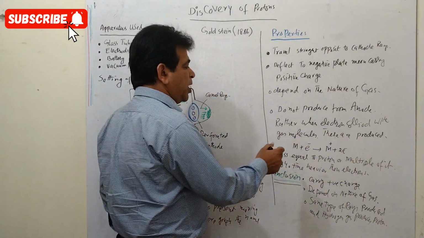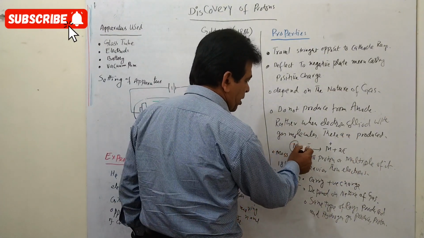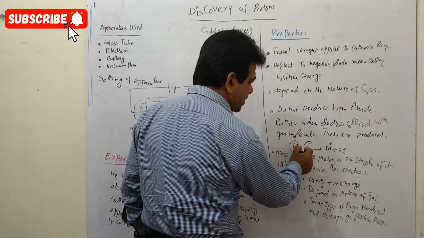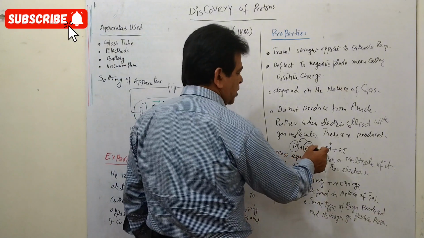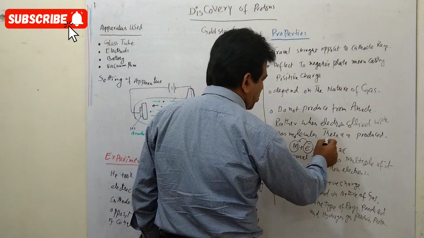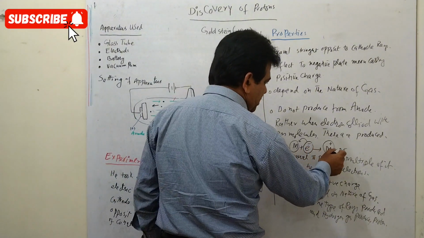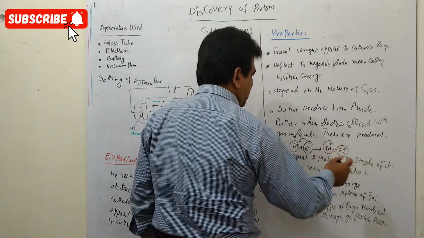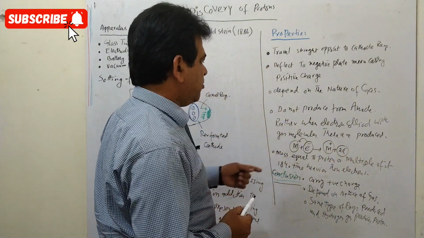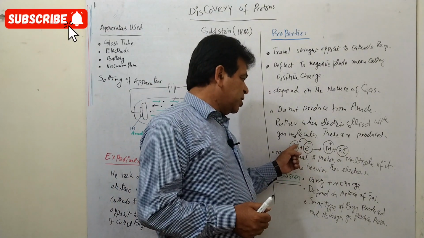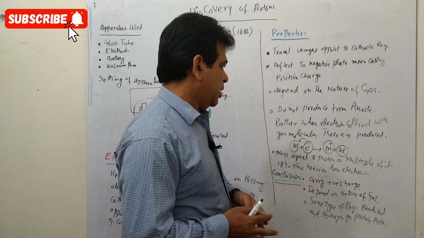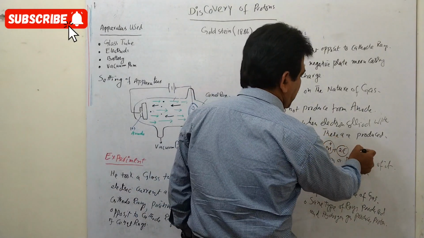For example, we have a gas molecule M, and when cathode rays, which are in fact electrons, collide with the gas molecule, the gas molecule changes into a positive ion, and two electrons will be released. One electron was colliding with the molecule, and another electron was removed from the molecule.